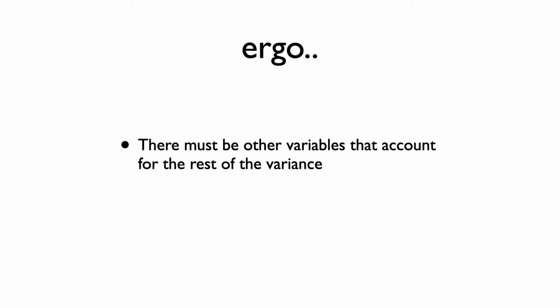So there must be other variables that account for the rest of the variance. There have to be. Because if not, we can just stop doing psychology. There's got to be some other variable, or variables more likely, that account for the rest of the variance, right?